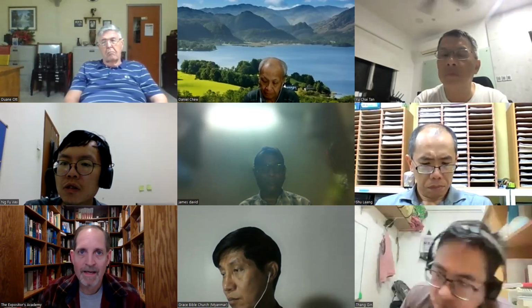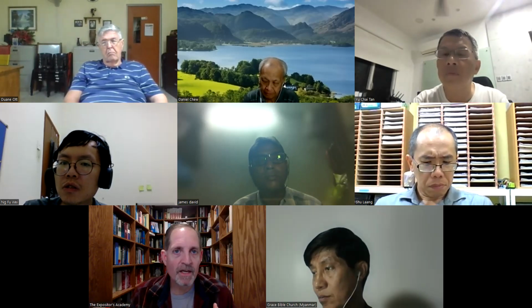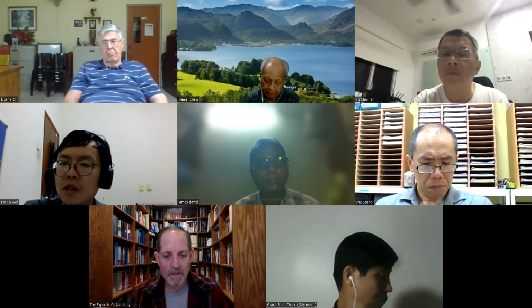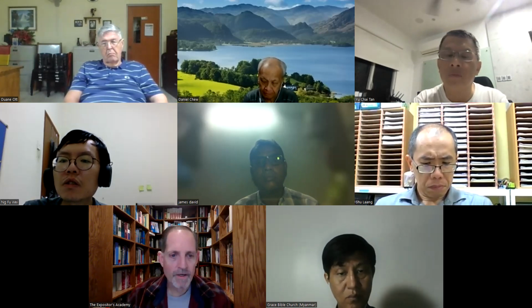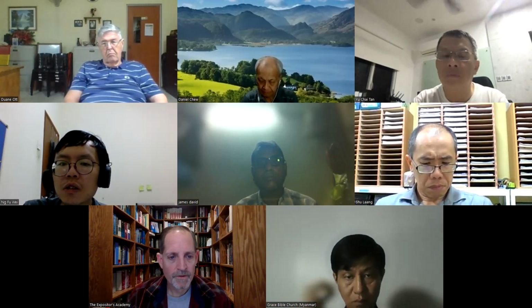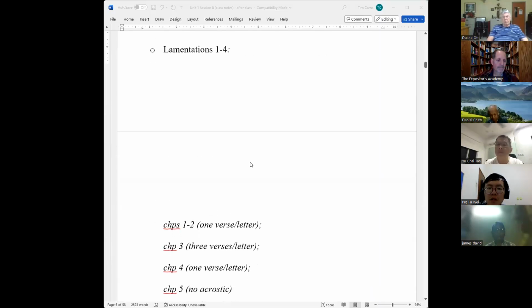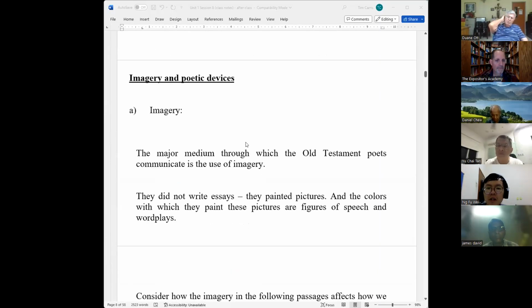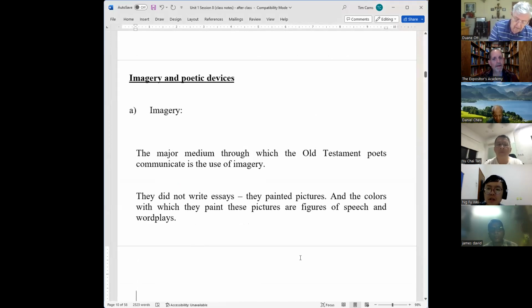This emotion is often conveyed through images. This is one of the key elements or aspects of Hebrew poetry in particular: the imagery, and the poetic devices and how they are used to convey that imagery. If you look at Hebrew poetry in general, the poets did not just write plain statements.